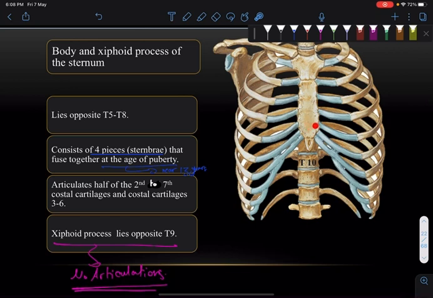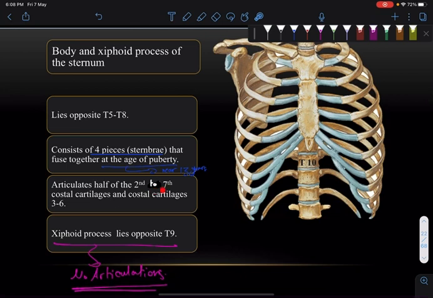So any person below the 13 years old لما نشوفه بالإكس راي بيكون عنده 4 أو 5 pieces اللي هي sternebrae not fused completely with each other. لما نوصل puberty 13 years old بيعمل fusing completely fused with each other.